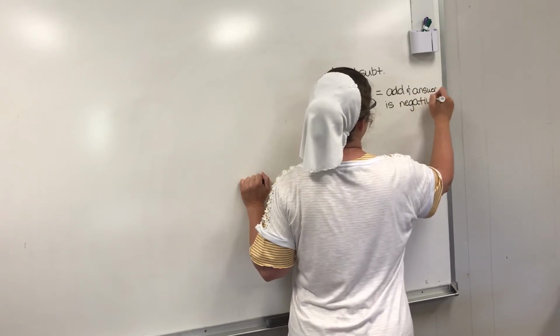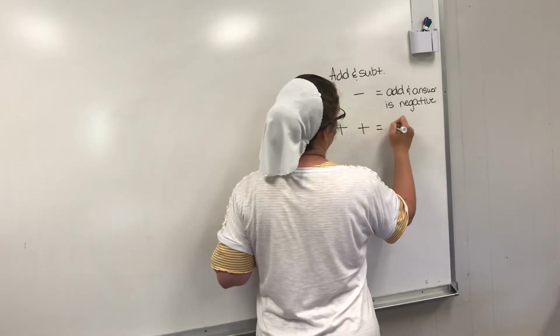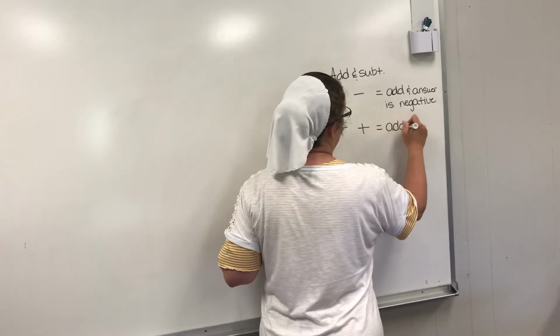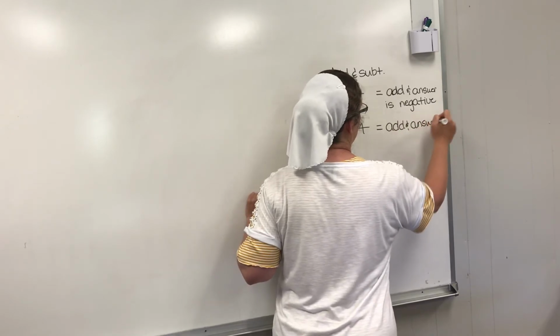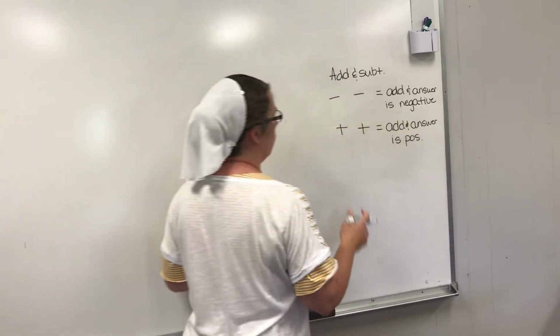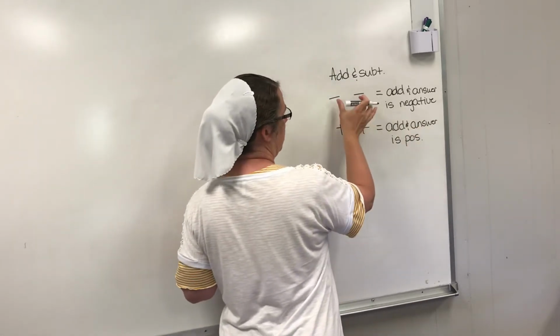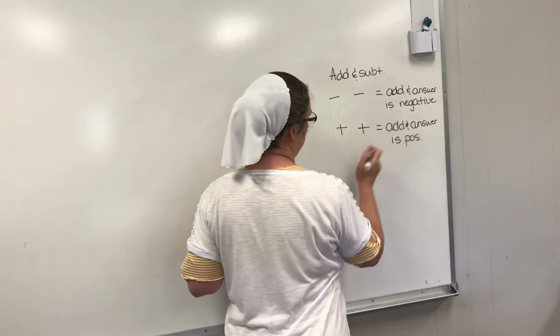Whatever the sign is, it's what your answer is. 2 positives you add, and the answer is positive. Your answer is the same as whatever your 2 numbers are. When you have 2 negatives, your answer is negative. When you have 2 positives, your answer is a positive.